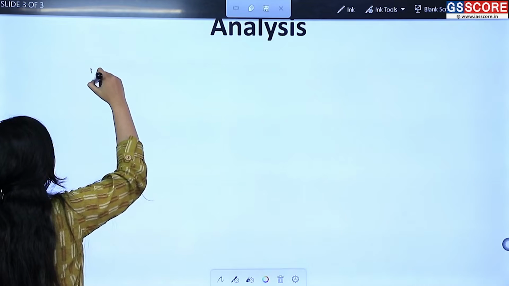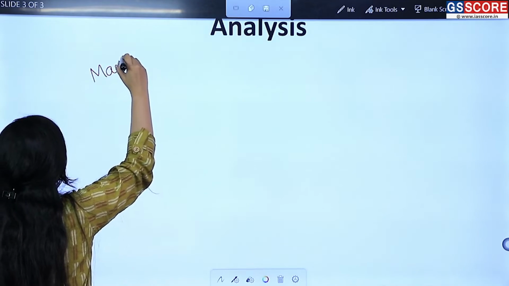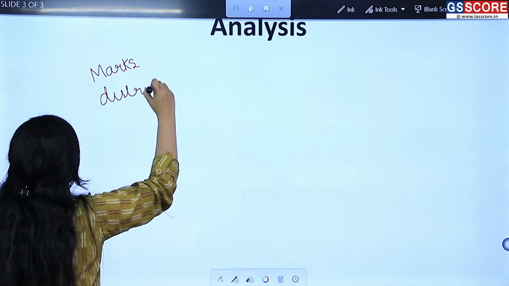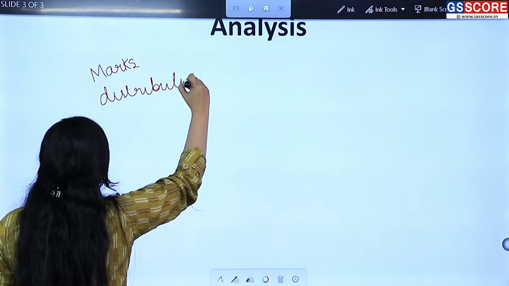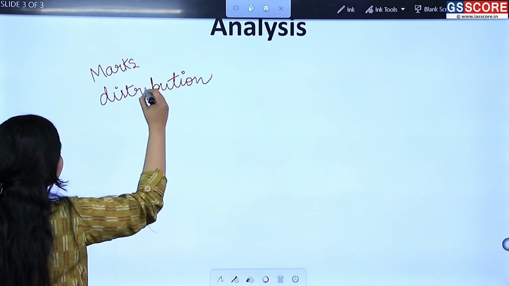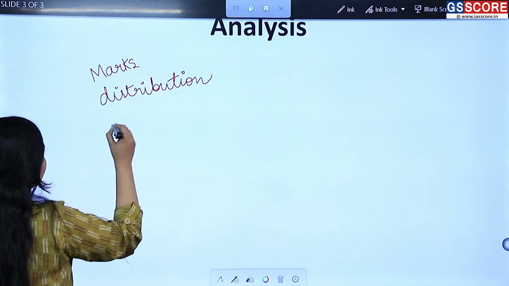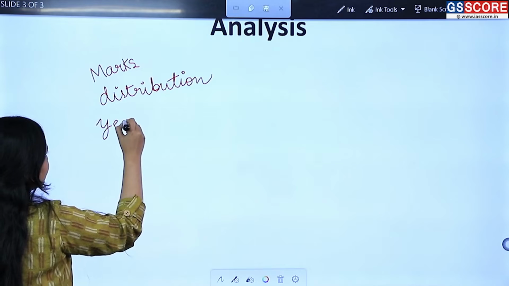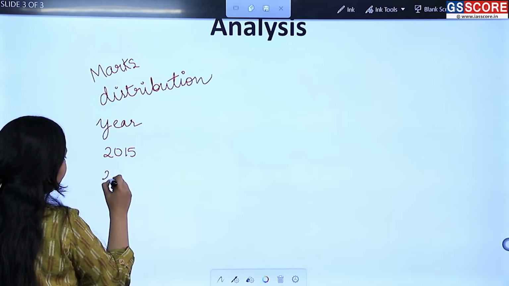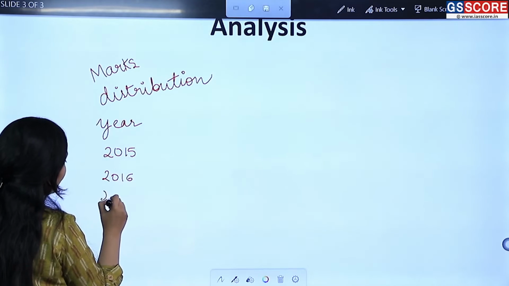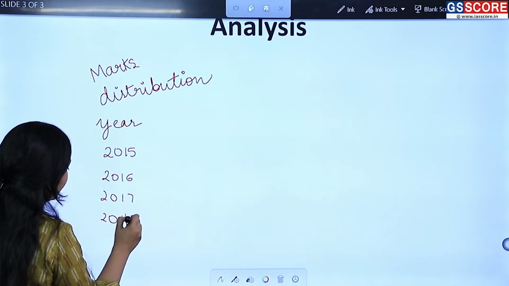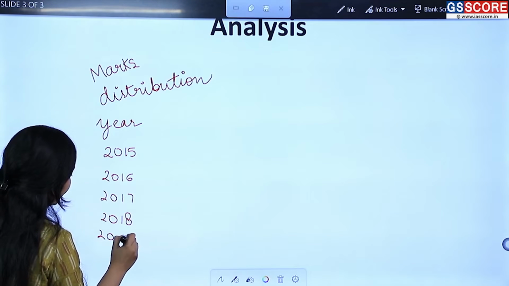Okay, so now let us look at the marks distribution. I'm going to do a 5-year distribution over here, 2015, 2016 onwards, just for your understanding and to get an idea of the trend.